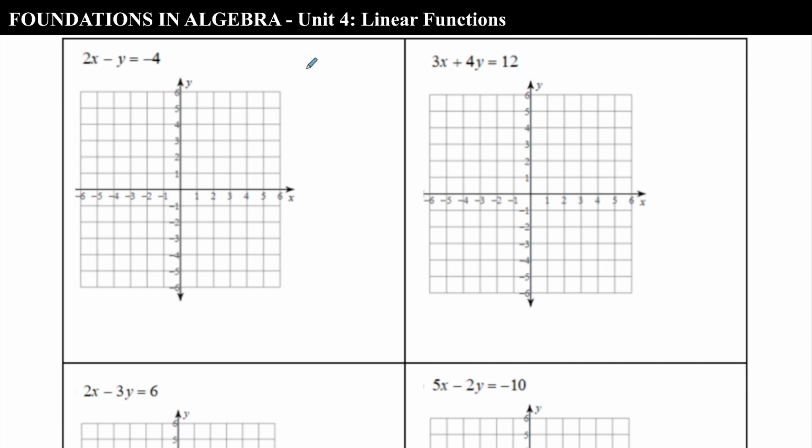Here, let's use the shortcut. We're going to set 2x equal to -4. When we divide each side by 2, x is -2, because -4 divided by 2 is -2. We can also set -y equal to -4, so y would be 4. So our x-intercept is -2, our y-intercept is 4, and we can graph our line between these 2 points.